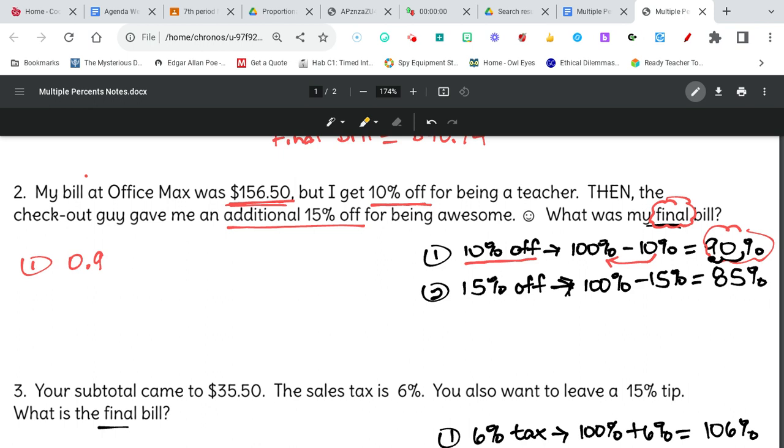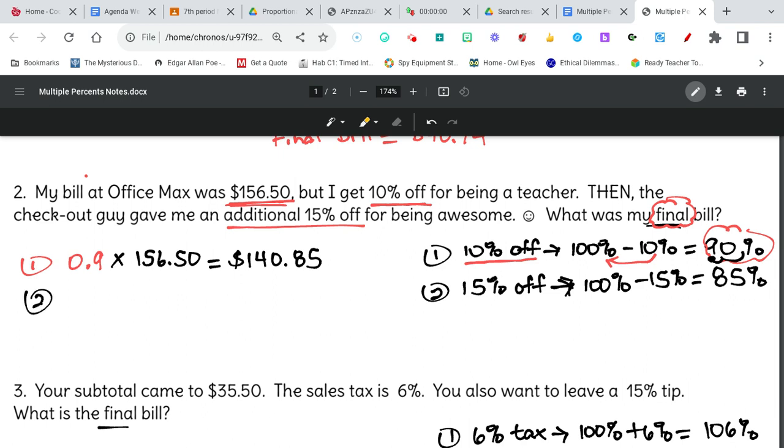So I got to pay 90% of $156.50 instead of, or as opposed to paying the entire 100%. So you got 0.90 times $156.50. So because I'm a teacher, my bill after the 10% discount is $140.85.